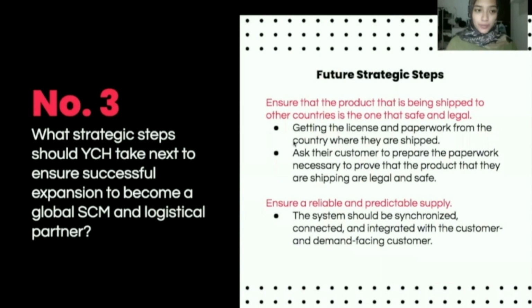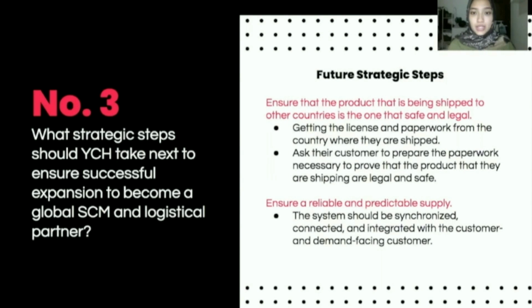Moving on to number 3, what strategic steps should YCH take next to ensure successful expansion to become a global SCM and logistical partner? Because YCH still has problems in its operation right now, mainly the bottleneck that happens at the border checkpoint, they need to ensure that the product being shipped to other countries is safe and legal.